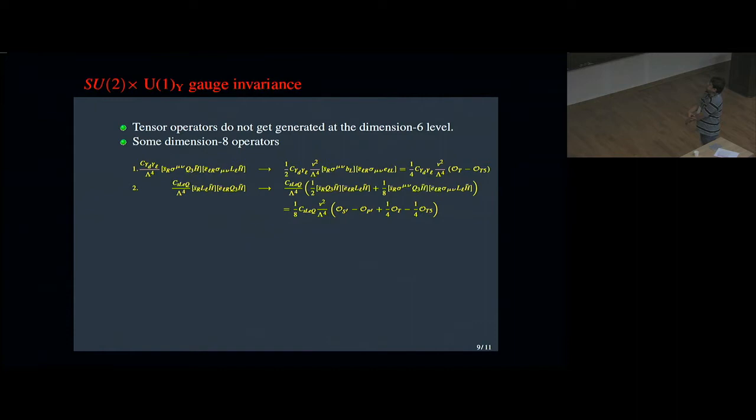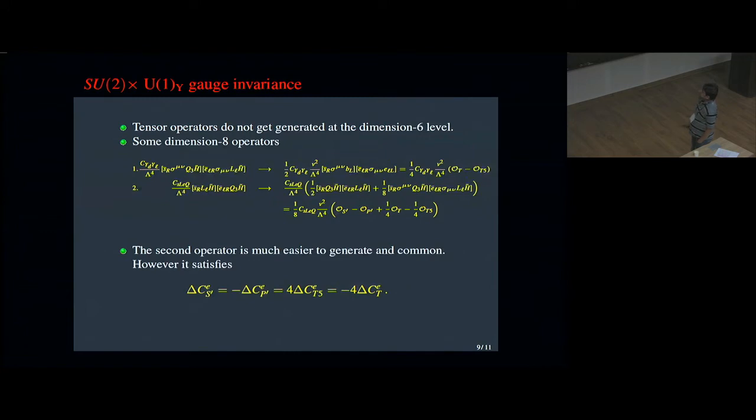The first one is very hard to obtain because you have to integrate out some tensor things, whereas the second one is more common, and by Fierzing the second one we can obtain tensor operators. One interesting thing is that in the second case they satisfy some relation.